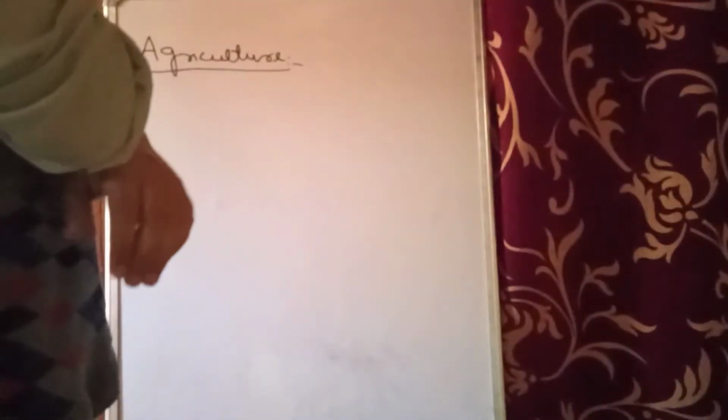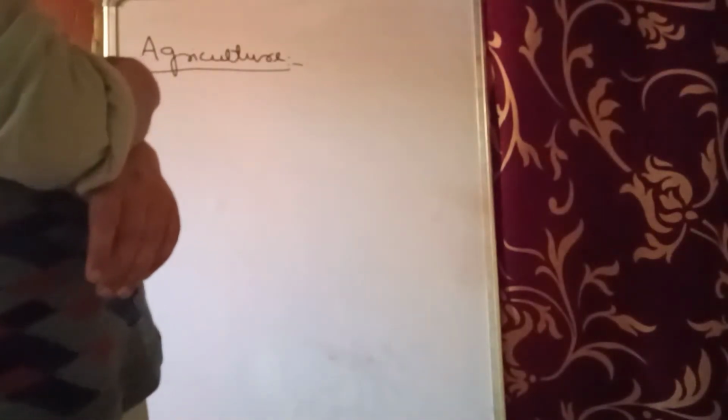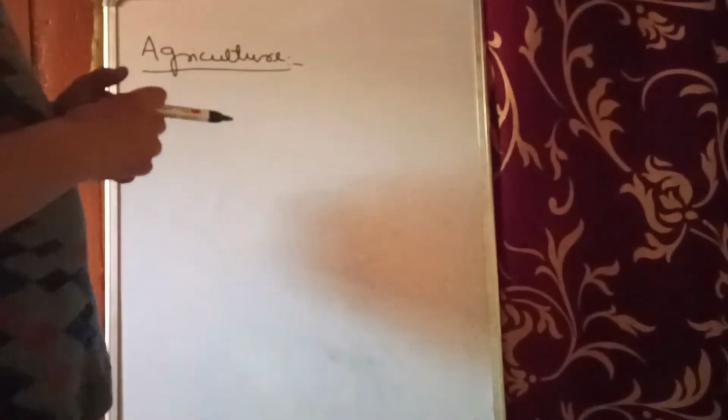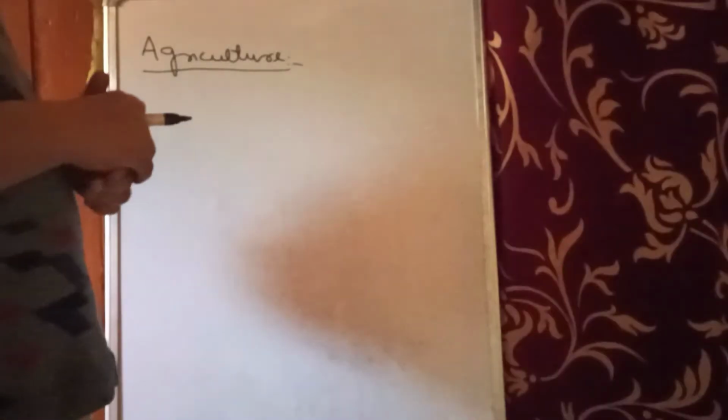Thus, this agriculture has a relation with these two things, plants and animals. How can you define this term in a broad sense? It is a very broad term.